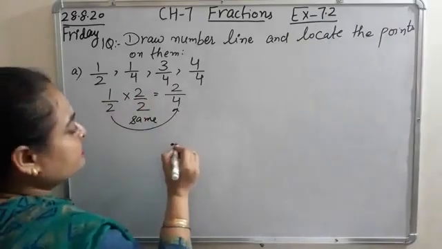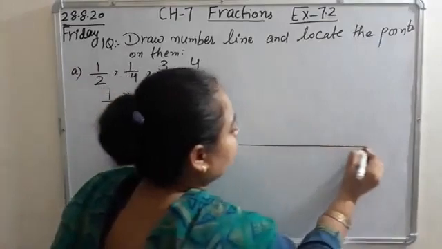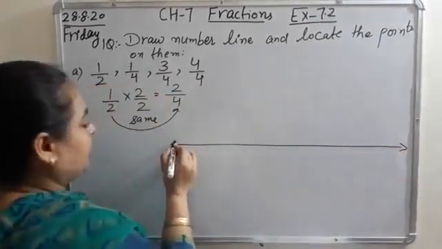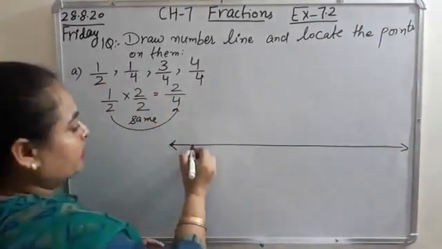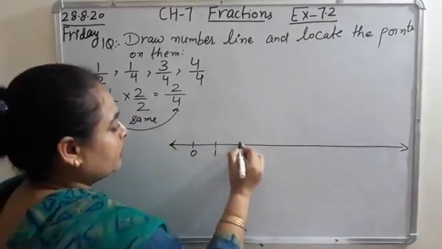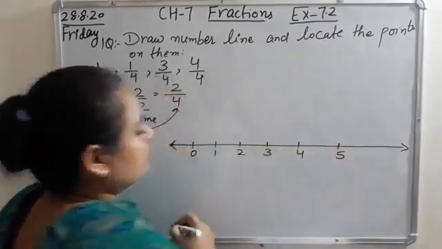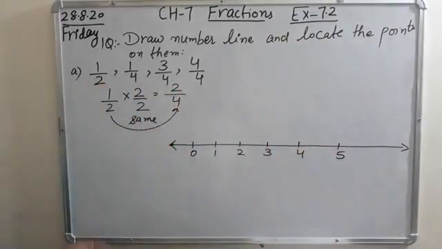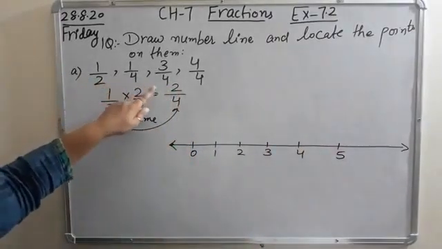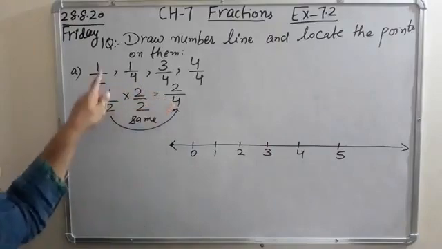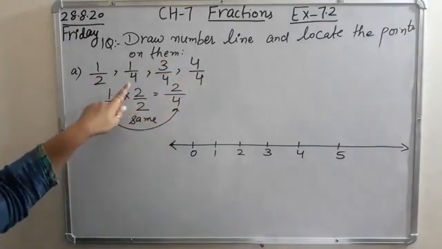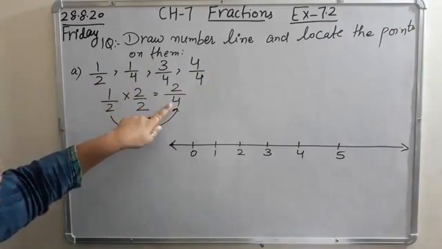So, in the second step, we will draw a number line. Write numbers 0, 1, 2, 3, 4, 5. Check. Denominators equal to 4. In all the fractions, the denominator is 4.